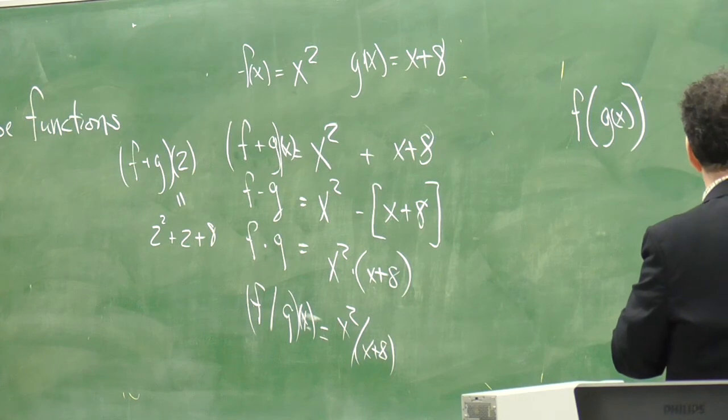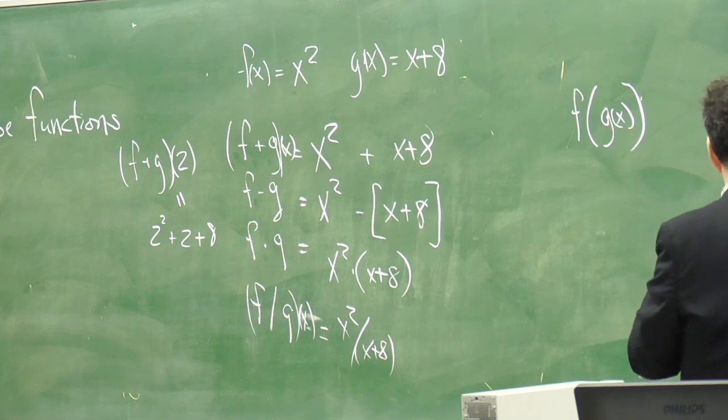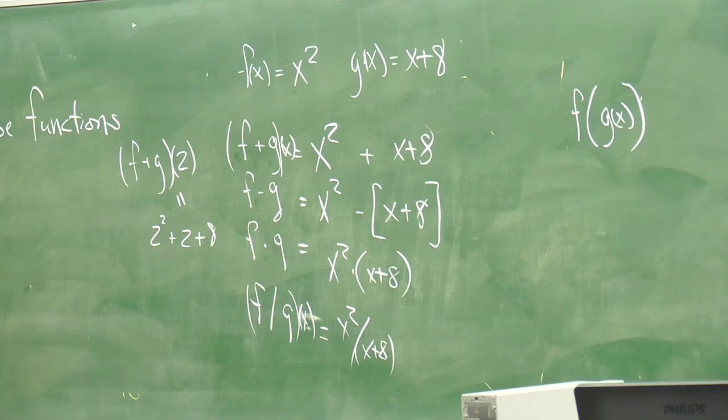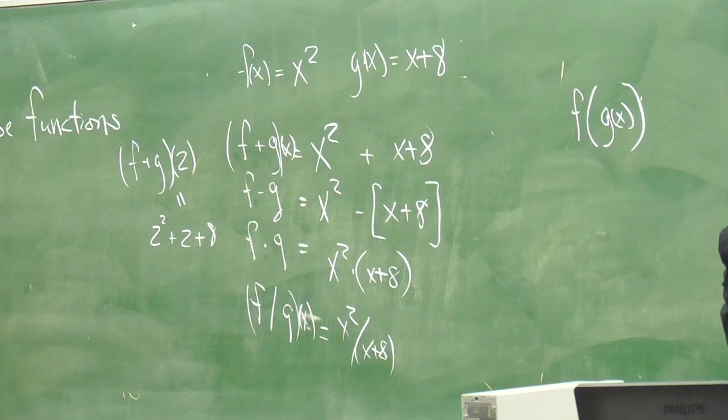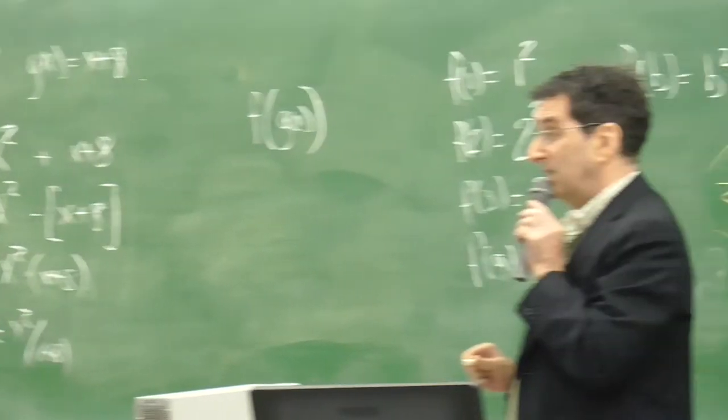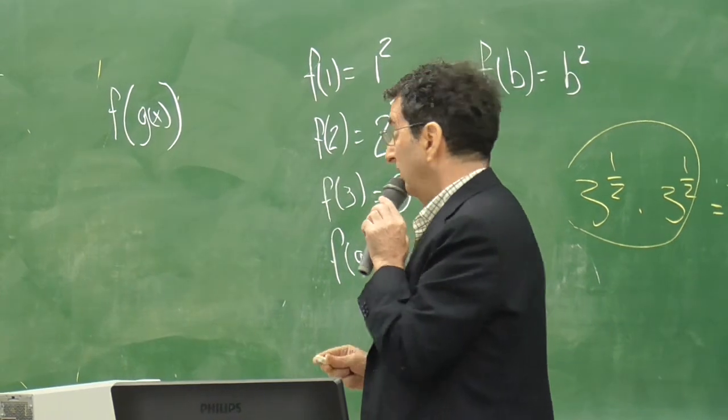What's f of a? a squared. What's f of b? b squared. So what does f say to do? Whatever you put into f, you should square it. That's the rule for f.